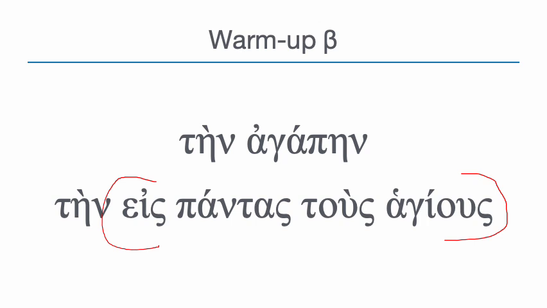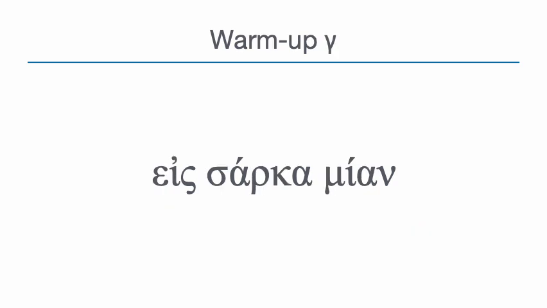All right, let's do one final one. So here we have ace, and notice the difference between ace and haste. Ace is the prepositional phrase or preposition, and haste is the nominative singular form of one. Okay, so you have ace, sarka, mion.